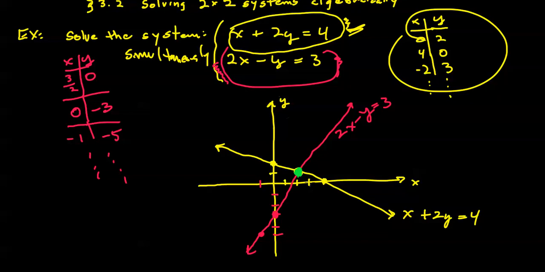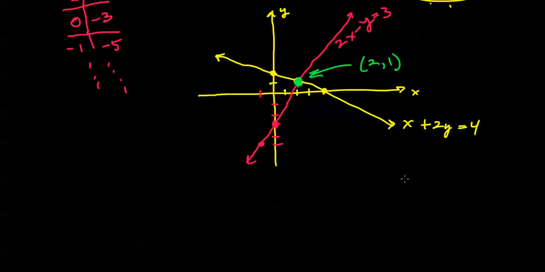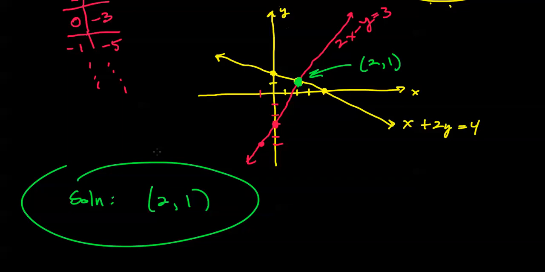Roughly looking at the graph, I think I see a point of intersection at x equals 2, y equals 1. I think you'll agree. So I claim the solution to the system is the point x equals 2, y equals 1.